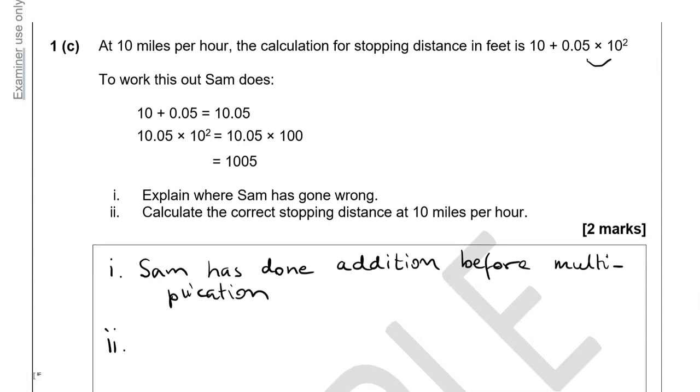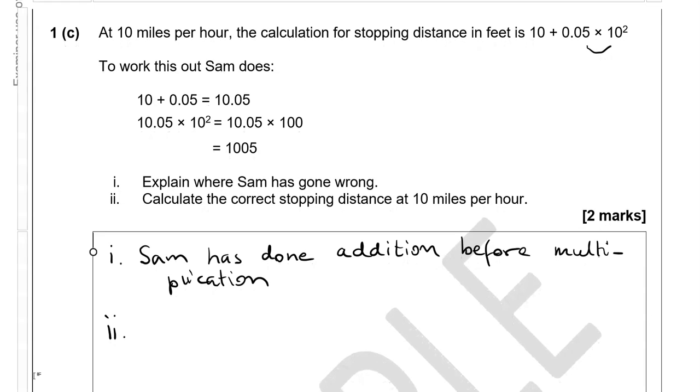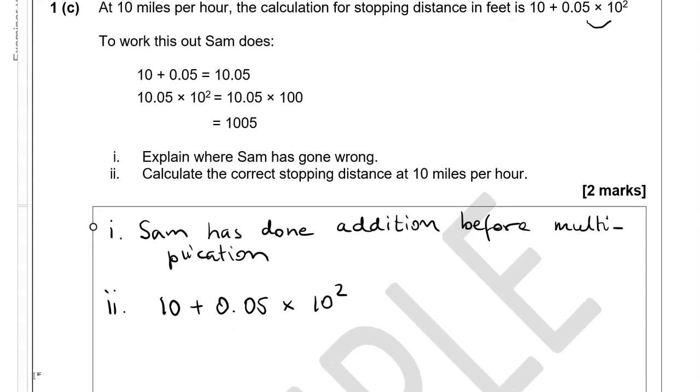So we will do 10 add 0.05 times 10 squared. As we said, we're going to do multiplication first. So 10 add 0.05 times 100.